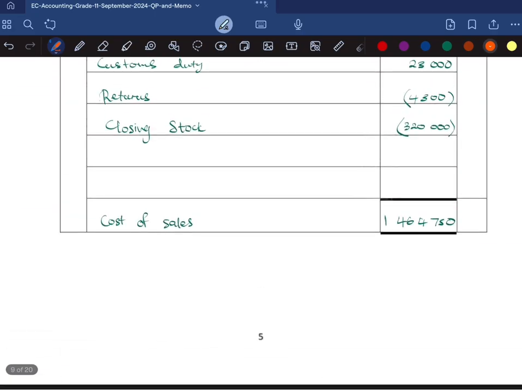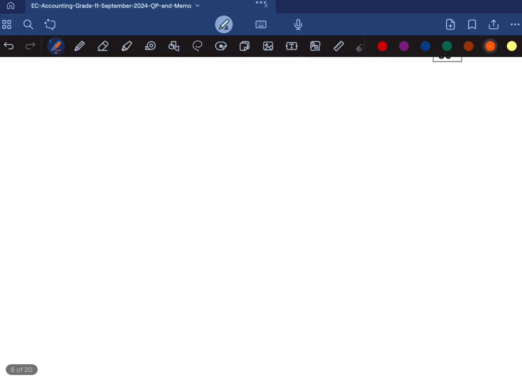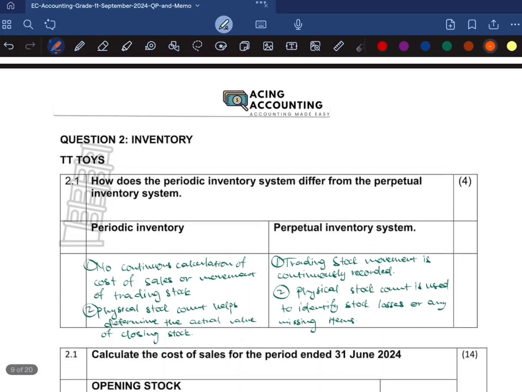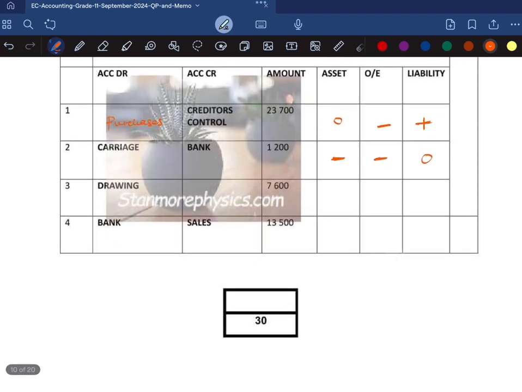And then let's look at the third one. The third one says the owner withdrew stock to the value of 7,600. Right? So remember, just like we did in the previous question, if the owner takes stock and we're using the periodic inventory system, we are going to subtract that stock from our purchases account because there's no trading stock account. Okay, so we are going to have drawings and purchases.